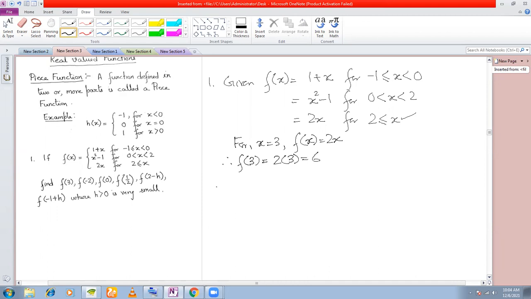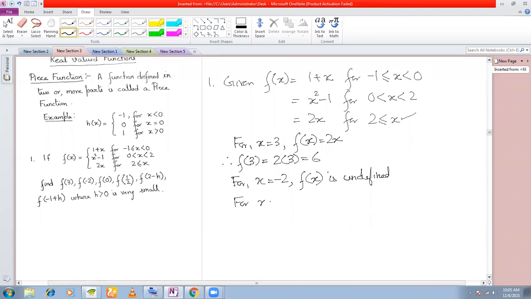Okay, similarly f(minus 2), for x is equal to minus 2, what is the value of f(x)? If you see, x is equal to minus 2 lies in what interval? Oh, it lies nowhere. That means f(x) is undefined. If you see, x is equal to minus 2 does not lie in any of the intervals. So for x is equal to minus 2, f(x) is undefined.